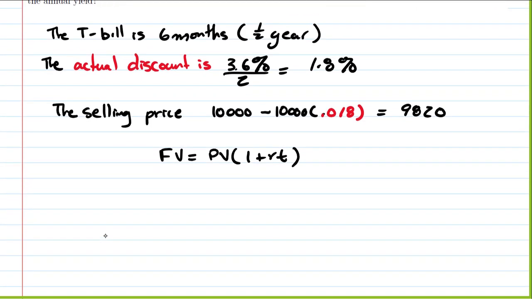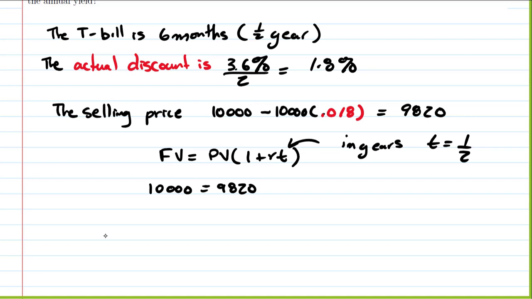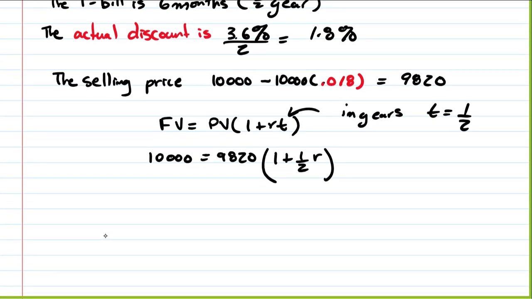So if we put in our values, and remember 6 months, if T has to be in years, we're going to have to use T equals 1/2. So our future value is going to be the present value, 9,820, times 1 plus r, which we don't know, times t, which is a half. So we're going to have 1/2 times r. And then we want to solve this equation for r.